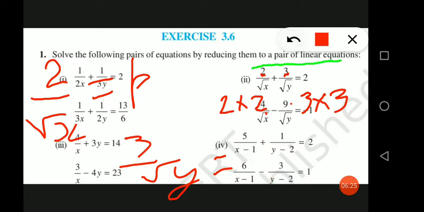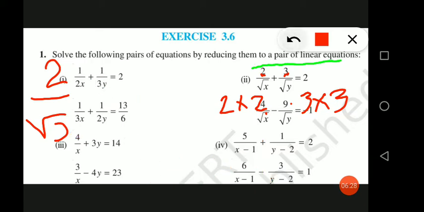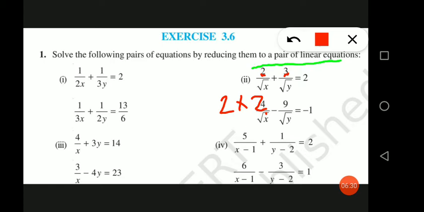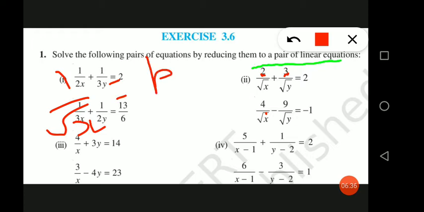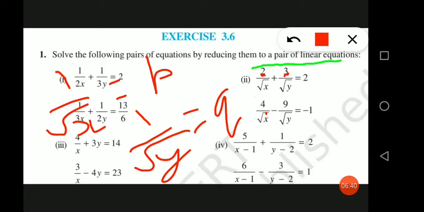Or simply we can take 1 by root x is equal to p, and 1 by root y is equal to q. That also we can take, and after that we can solve by reducing the equations.